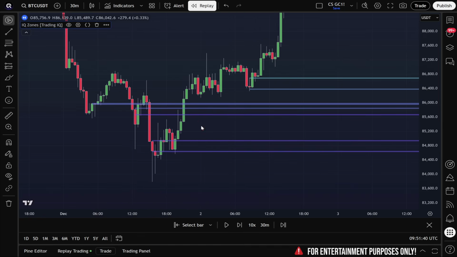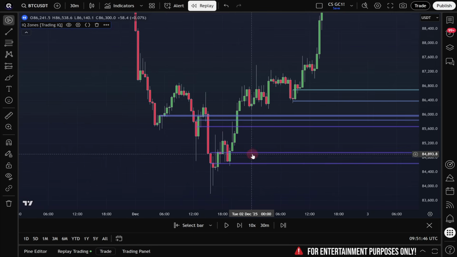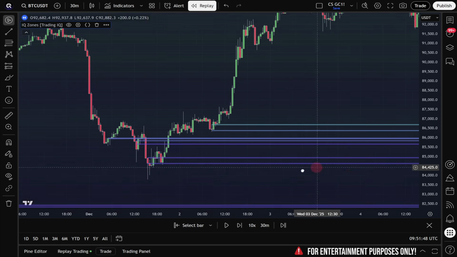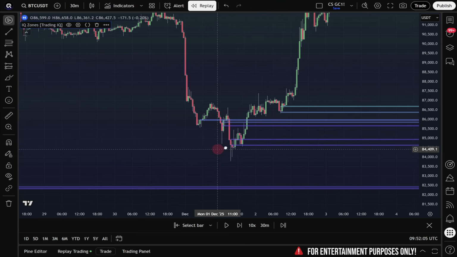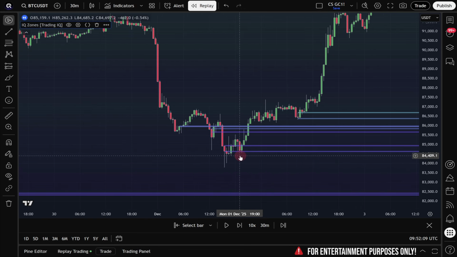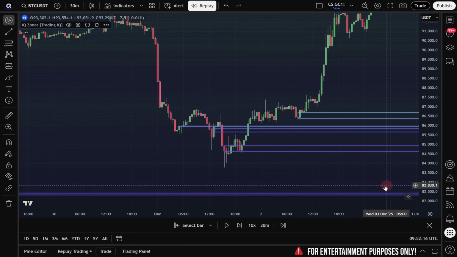And those are the levels that I'm personally concerned with, because when they're revisited in the future, I consider there to be a greater likelihood that we will see a strong reaction at the IQ zone, and that whether or not price breaks that level or reverses off of it, what happens afterwards will be volatile and will be exploitable inside of my trading plan.